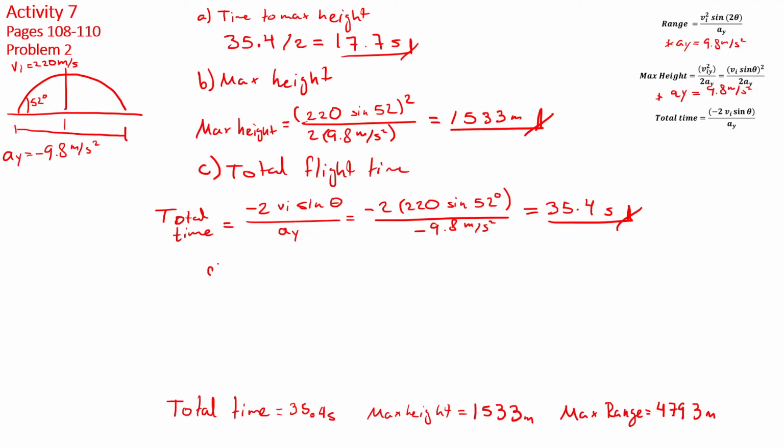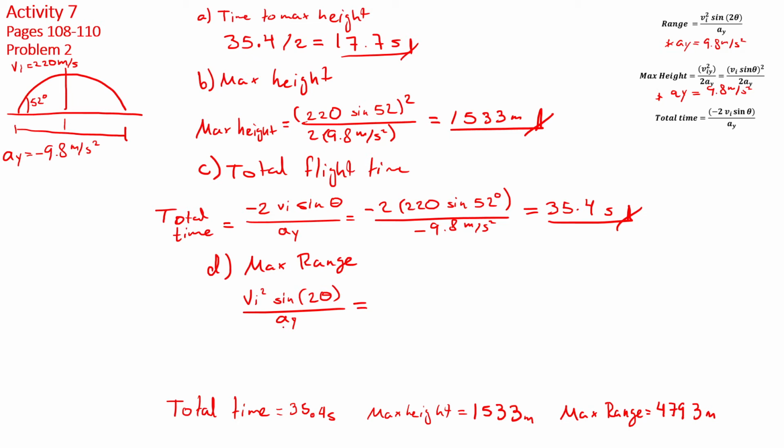And finally, letter D, and it is, according to the book, the maximum range. The maximum range is given by the formula initial velocity squared times sine of 2 times the angle divided by the acceleration in the y-axis, but in this case, positive. Why?